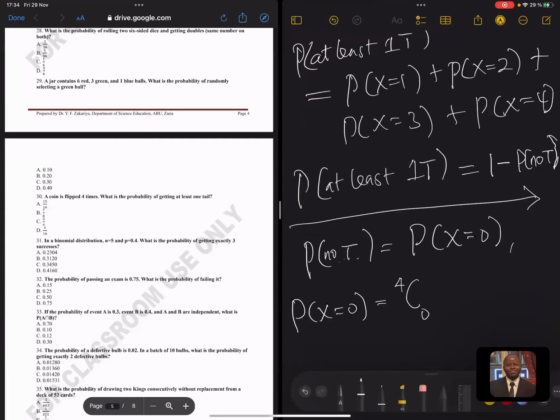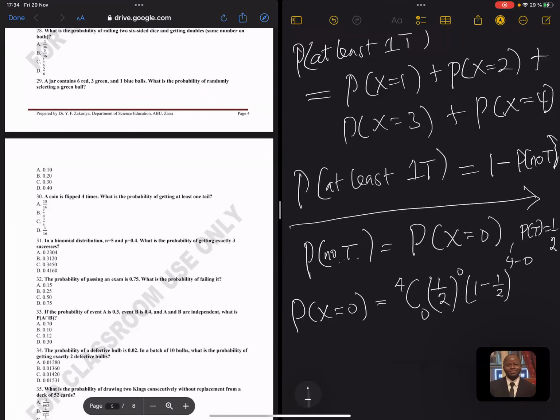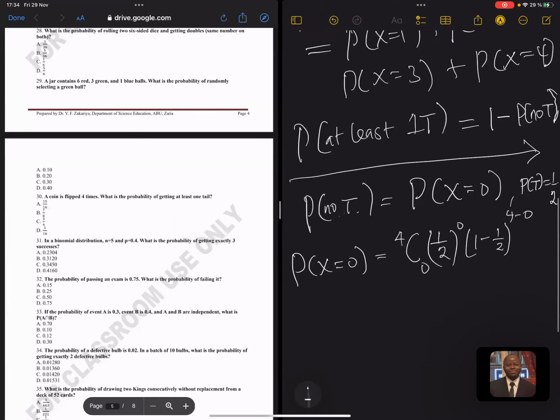Probability of tail, P(T), equals what? Half. I want to believe you agree with me. Probability of tail when you flip a coin is half. So this is going to be half raised to power 0, times 1 minus half raised to power 4 minus 0. Is it okay? And 4 combination 0, I want to believe that you agree the answer is 4.